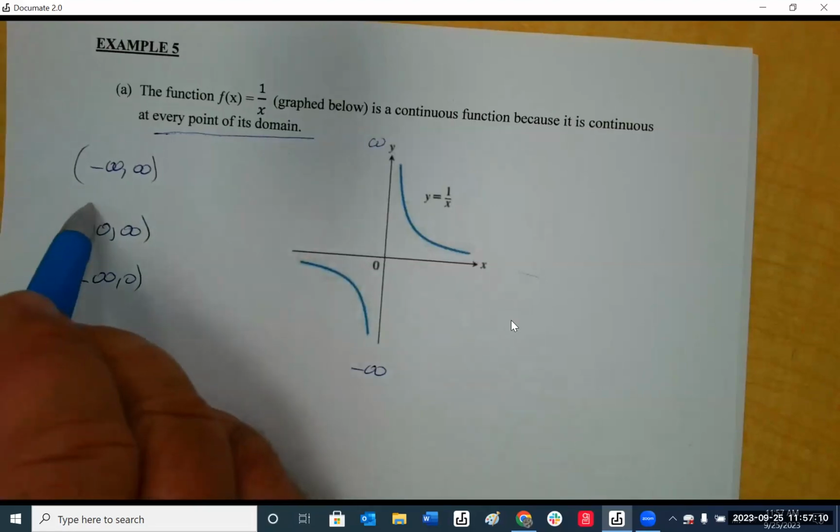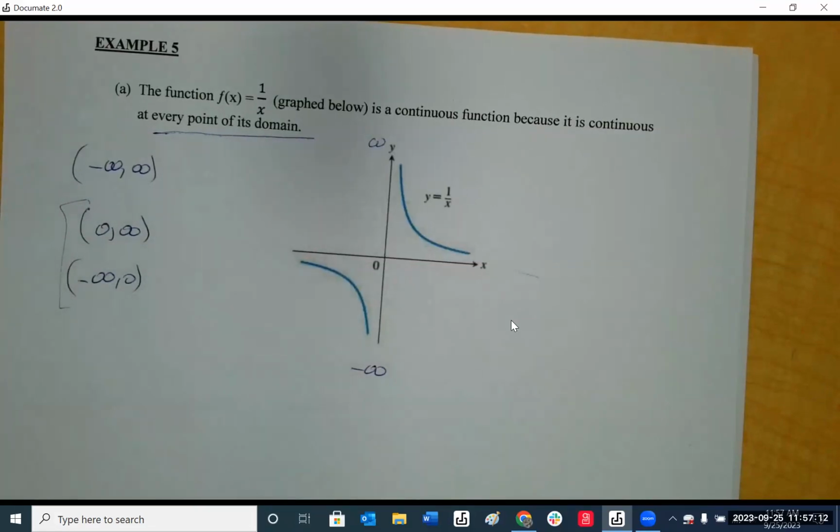Since we can't define the endpoint, is it continuous? Well, it's continuous over an open interval, right? Yes, but now if we're looking at closed intervals also.